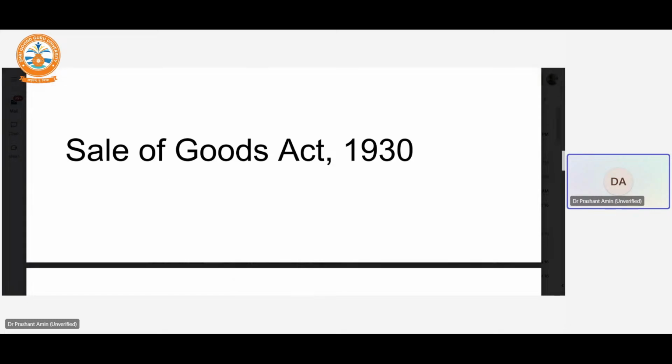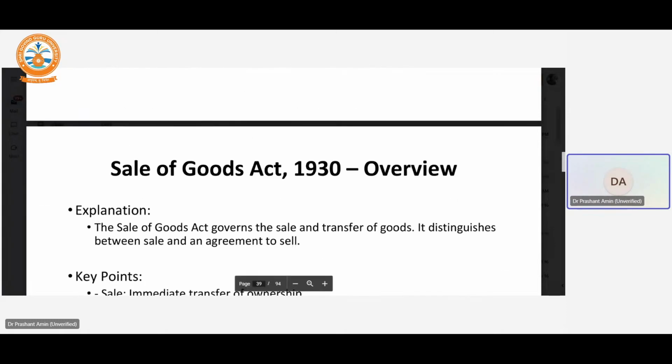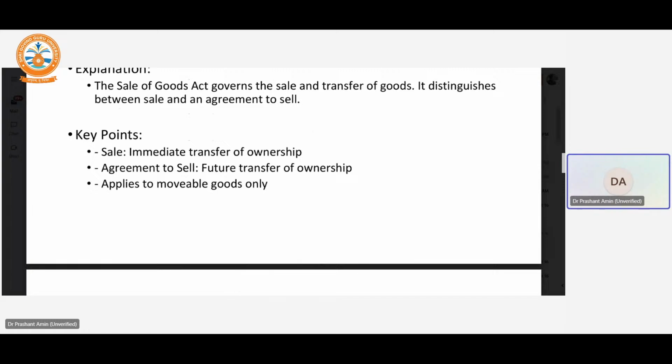So we have covered the first part of the syllabus, that is the Indian Contract Act. Now we will look at the Sale of Goods Act 1930. The Sale of Goods Act governs the sale and transfer of goods. It distinguishes between a sale and an agreement to sell. Let me explain the main difference.